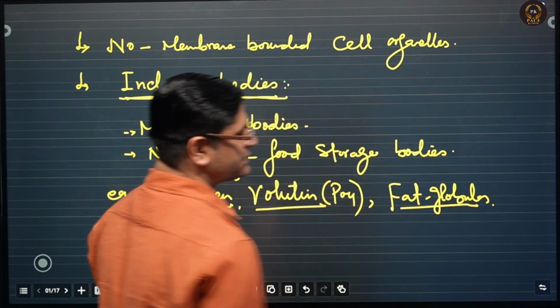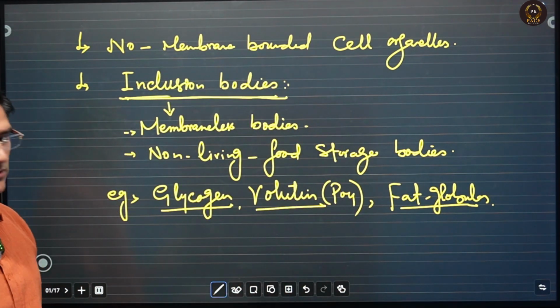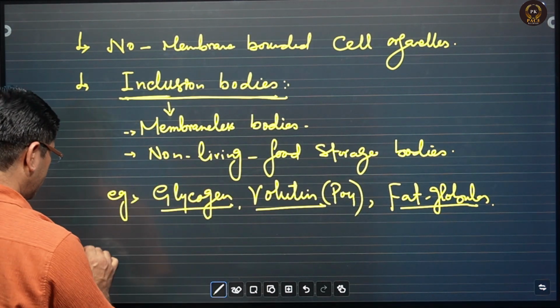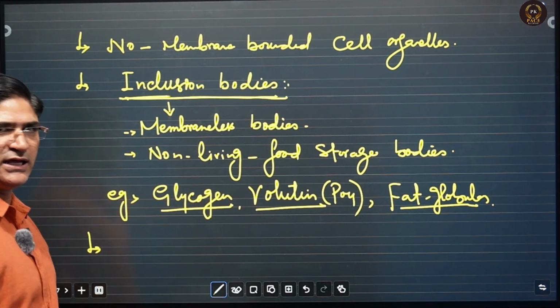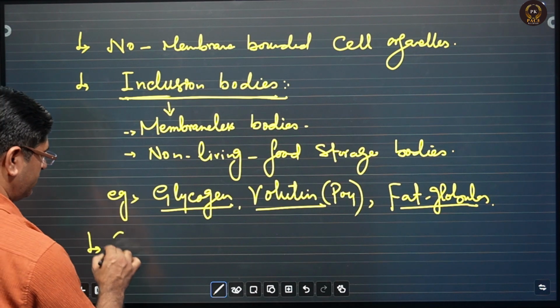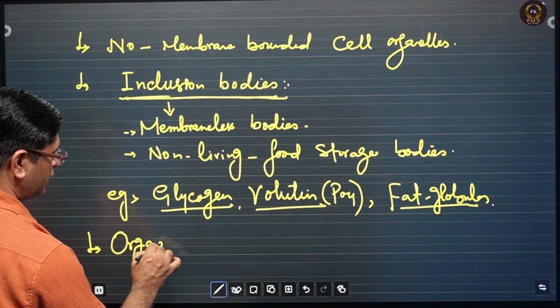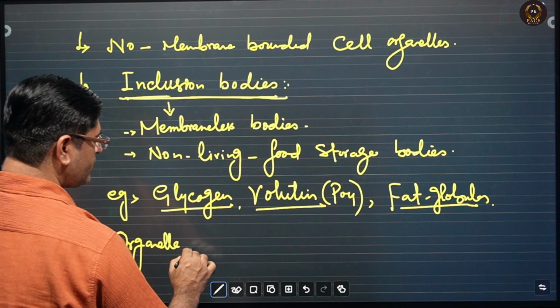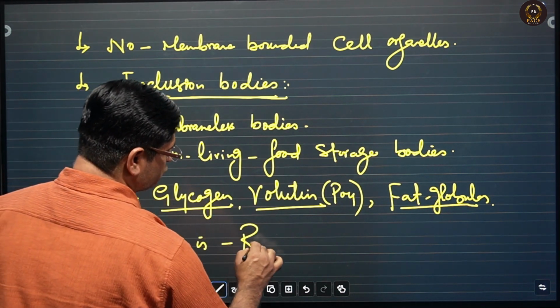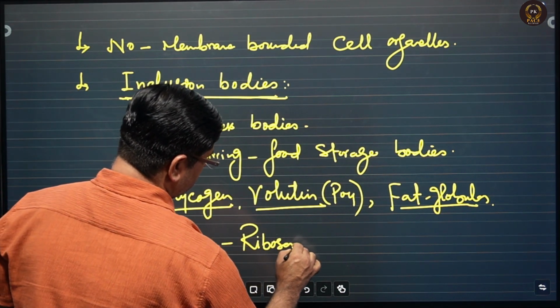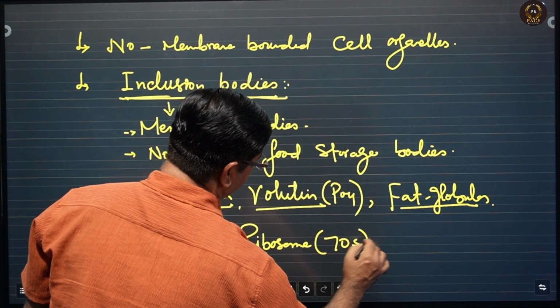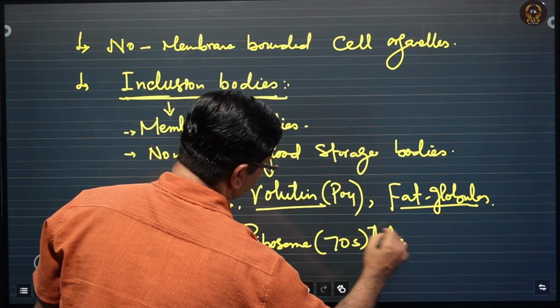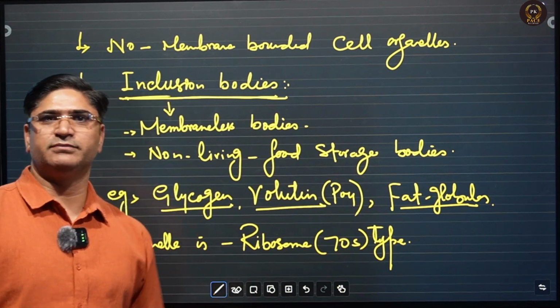These are all considered inclusion bodies. Apart from that, I told you bacteria have only one organelle, that is the ribosome, which is the 70S type.